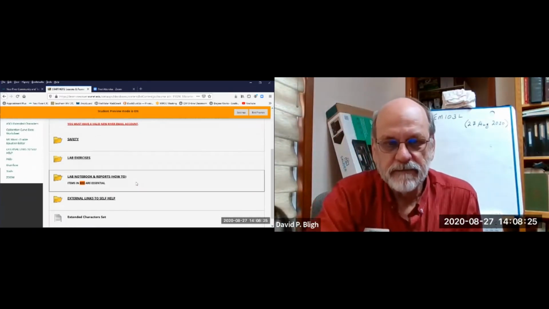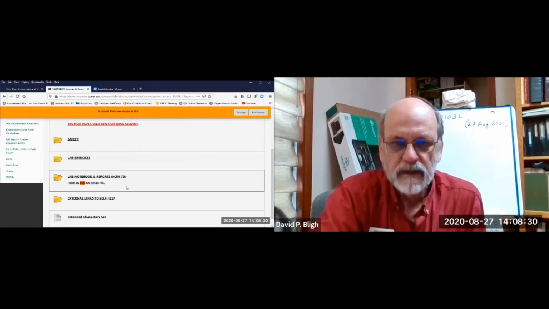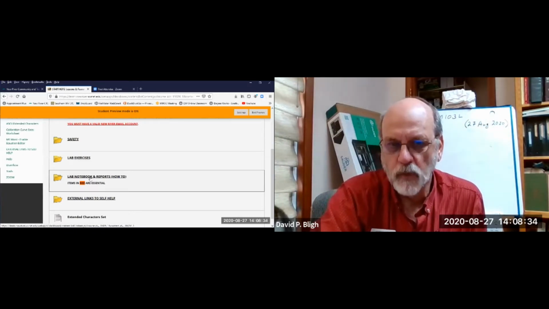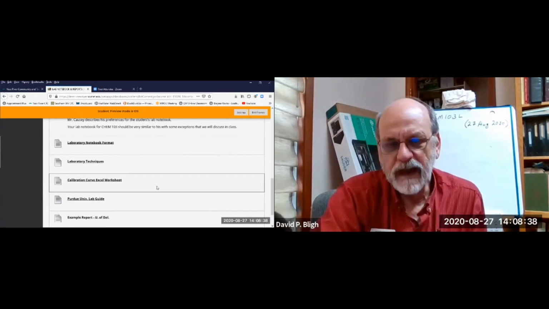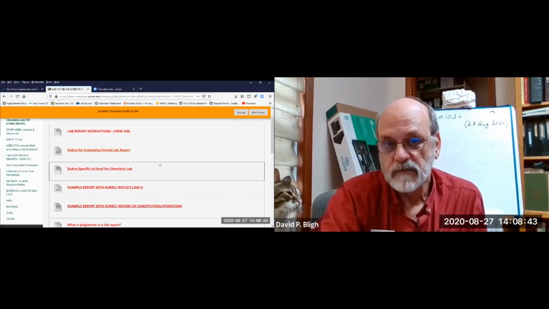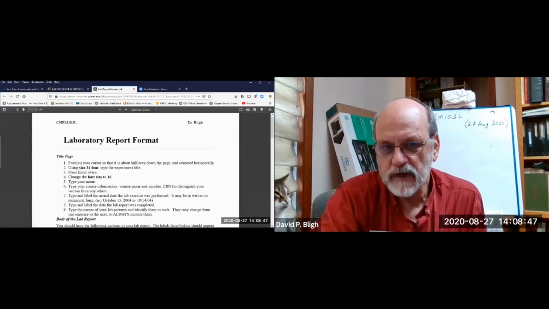So that's safety. Here are the lab exercises. We'll go into those in a minute. Here's the folder for the lab notebook and how to do the reports. I've got a lot of red ones. The red ones are the ones you need to pay close attention to. Lab report instructions are here.